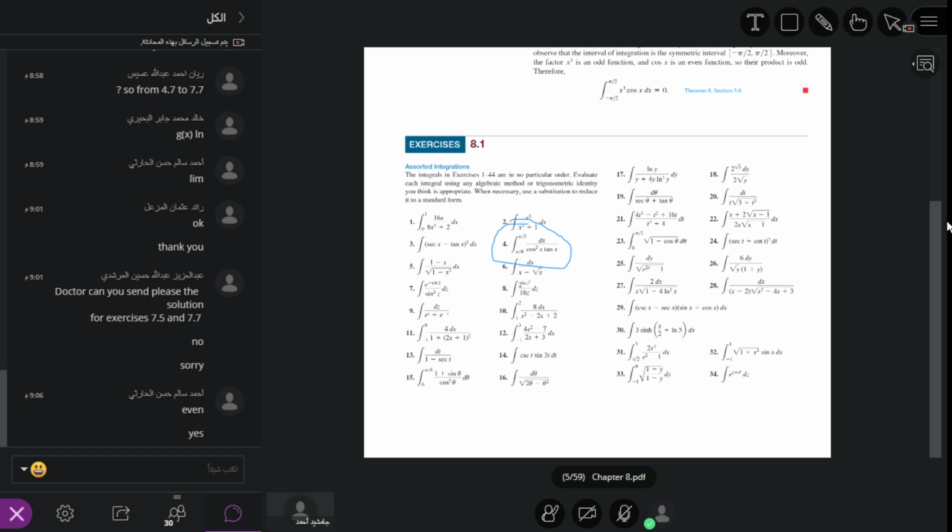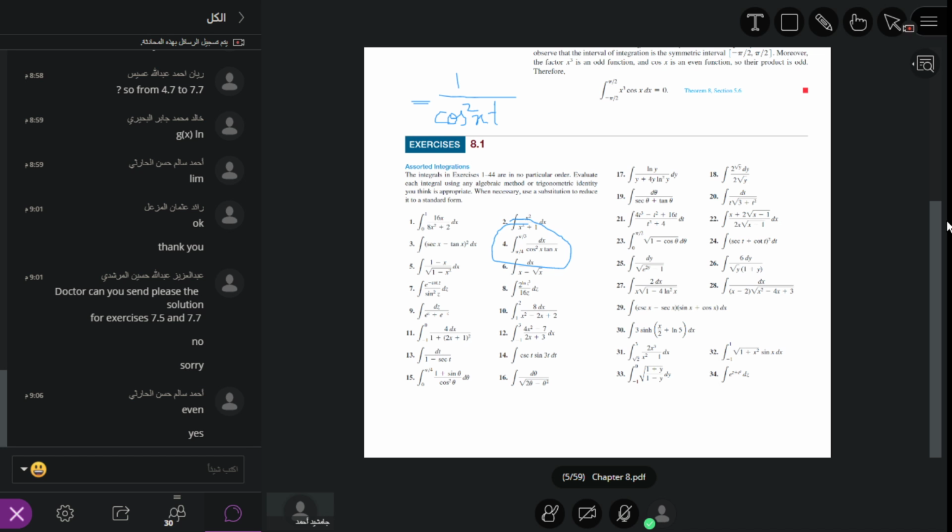First, we simplify this. No need of direct substitution here. We solve it by simplifying first. So here it is 1 divided by cosine square x into tan x.